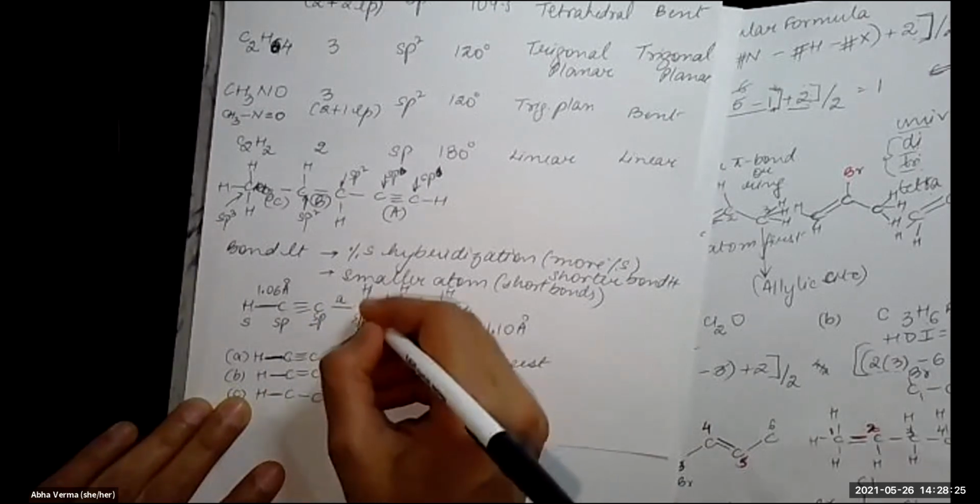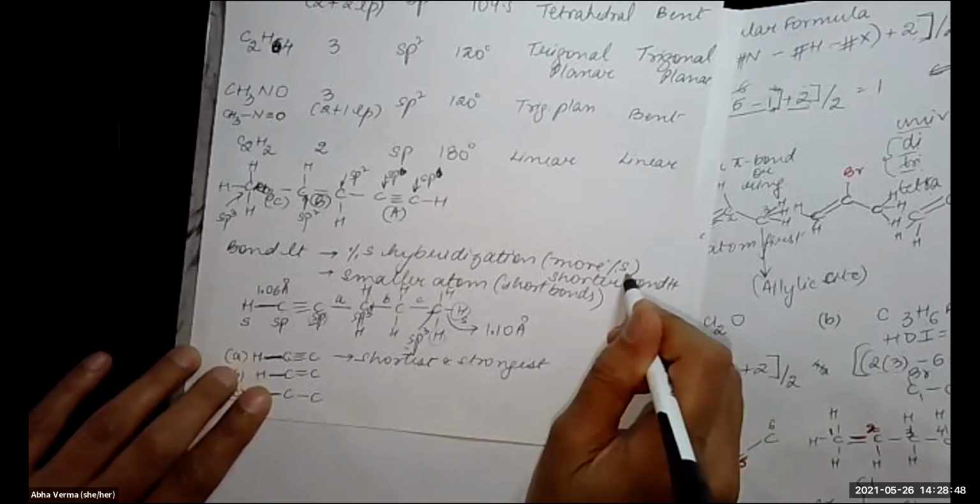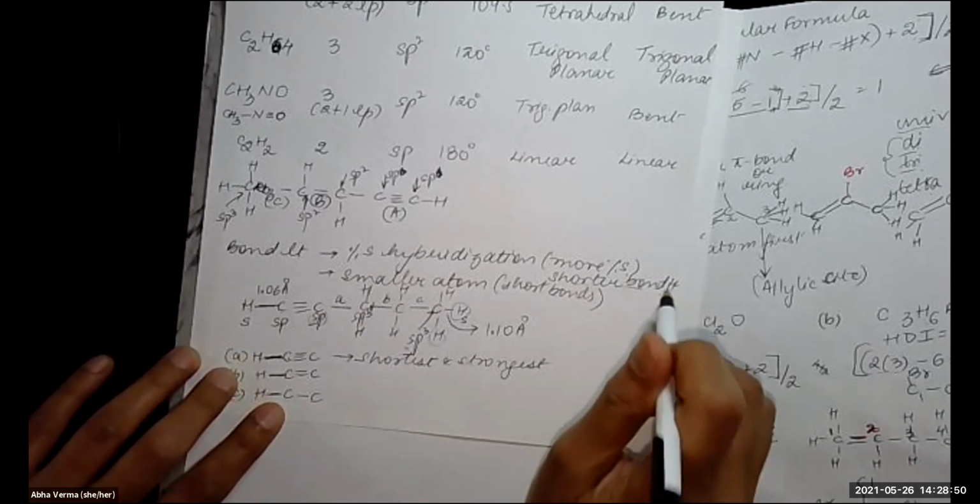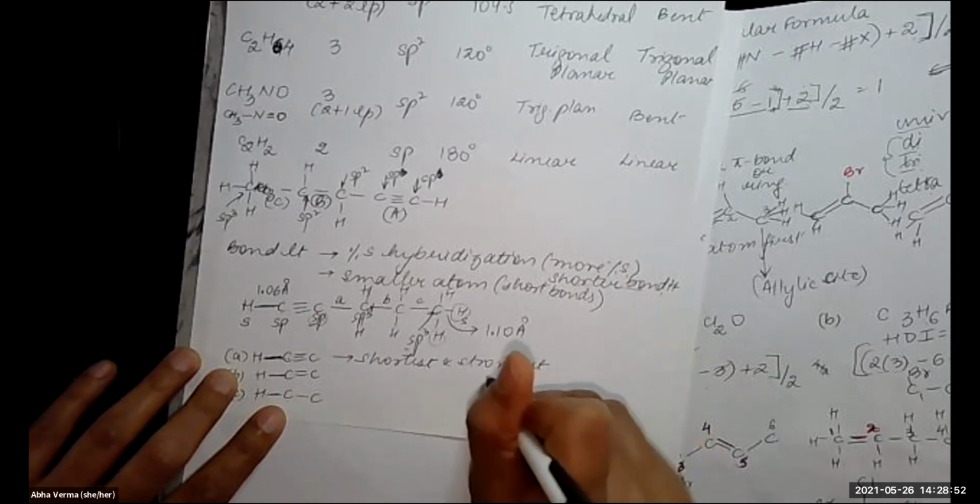This is still an sp3 carbon, this is an sp3 carbon, this is an sp3 carbon. In A, the s character is more, almost a 1:1 ratio. So the more s character there will be, the shorter that bond will be, the stronger that bond will be.